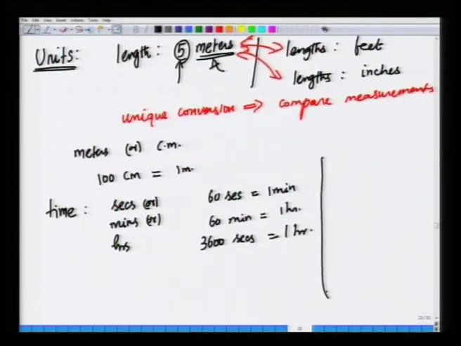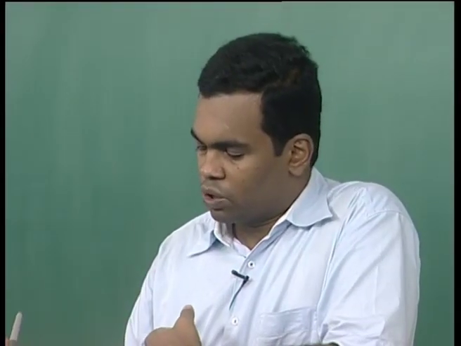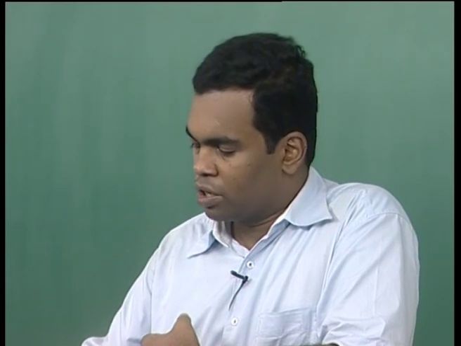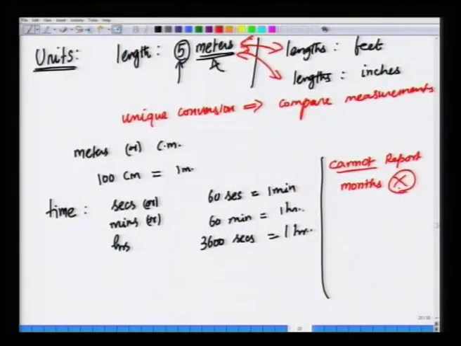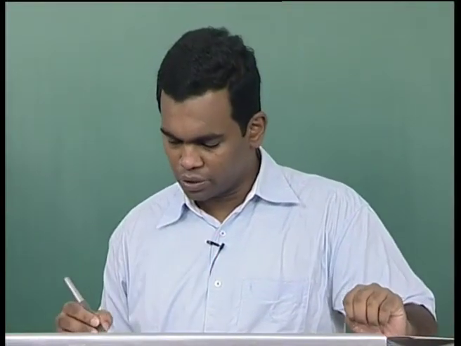However, you cannot report time in months, because there is no unique conversion between months and all these fundamental units like seconds, minutes or hours. That is not correct, because there is no precise conversion factor between months and the fundamental units like second, minutes or hours.